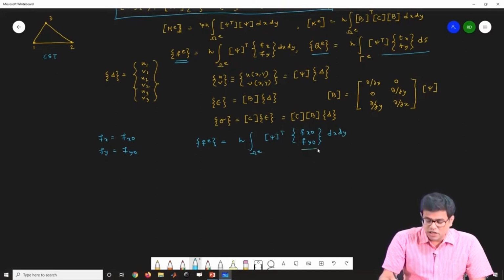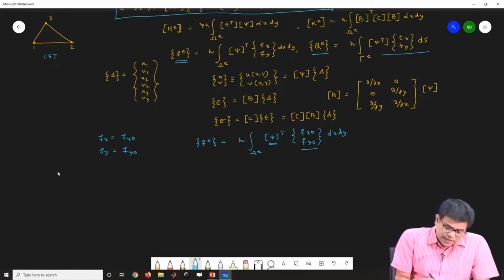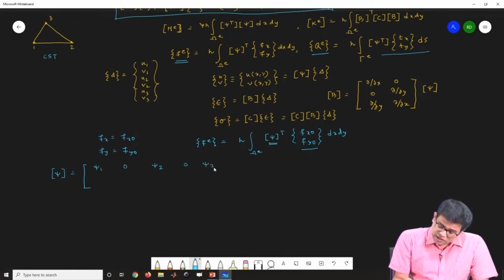Remember, this is not a function of x, but this is a function of x and y. So you substitute the psi matrix that we know, that is, our 2 by 6 matrix: psi 1 0, psi 2 0 and psi 3 0, then 0 psi 1 0, psi 2 0, psi 3.